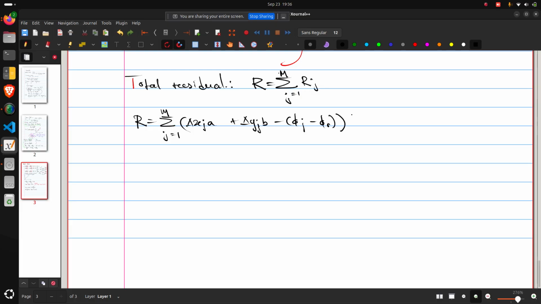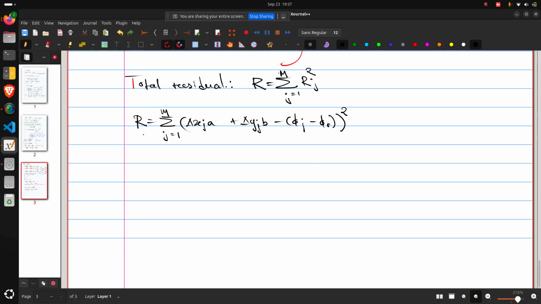Okay. So this is the value, and we want to minimize it in a squared sense, right? So what we have to do is square the residuals for each of the neighbors, and this will just become a squared term, right? So the residual in a squared sense should be minimum.